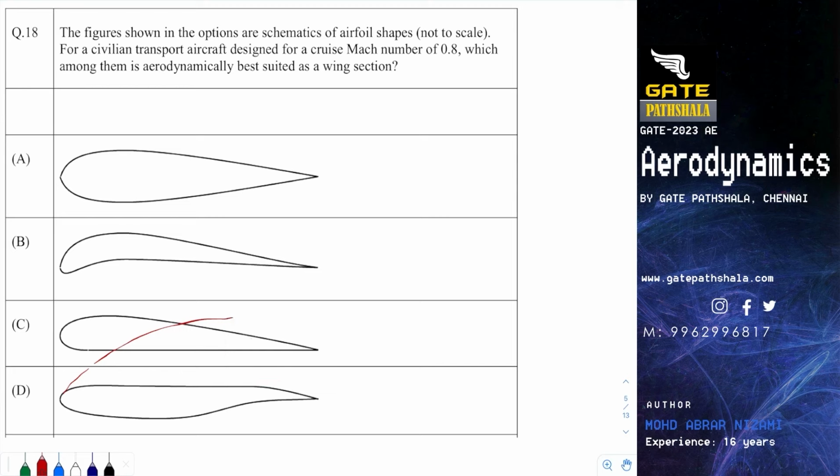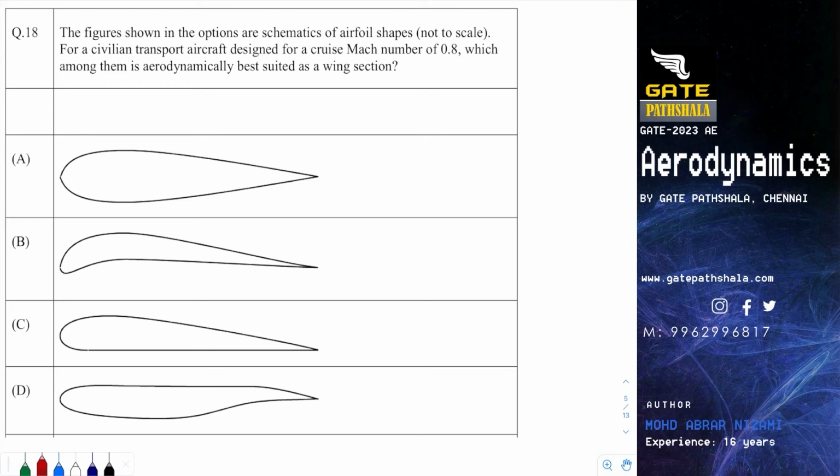So anyways, here the best suited aerofoil is the supercritical aerofoil, because its critical Mach number is pretty large. Thereafter the drag divergence Mach number comes, at which the drag increases dramatically, which happens in these three aerofoils, whereas option D, the aerofoil that is given, has a flat surface.